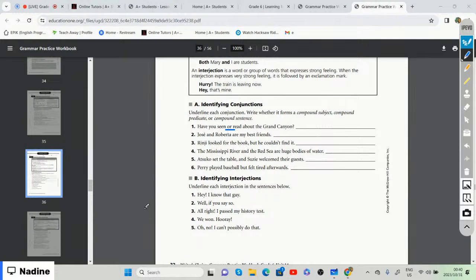Jose and Roberto are my best friends, which means that it is and because it connects words.